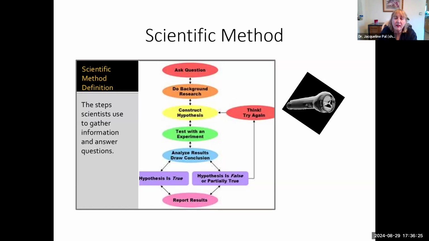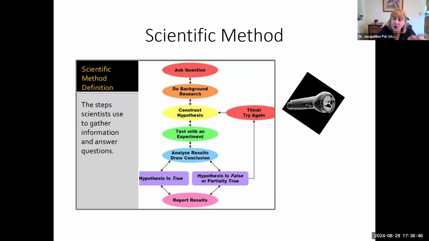So you have to go back to your background research and think, what were the other options? What else could lead to the malfunctioning of a flashlight? And one of the other things that you would come up with would be, well, maybe the bulb is broken. And so your second option would be to change the bulb.